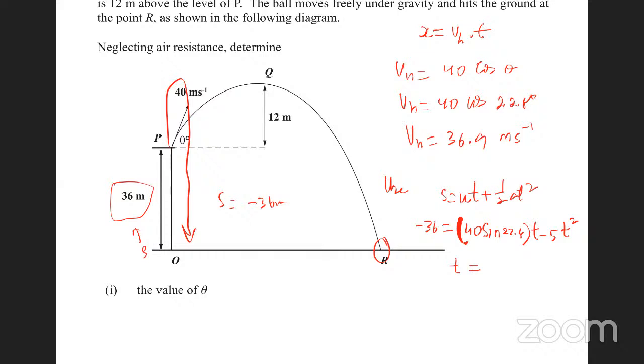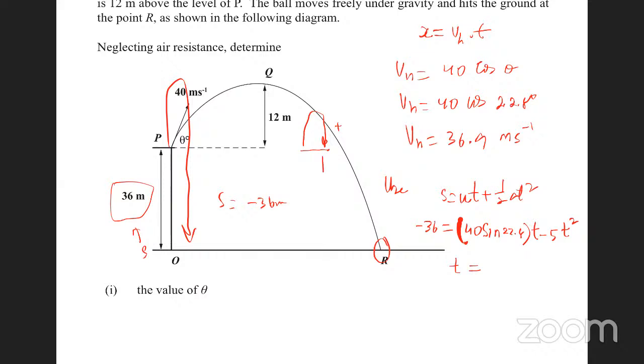Why is it negative? Because if you start here, everything until you reach back to your starting point is your positive displacement. So everything on the top is positive displacement.